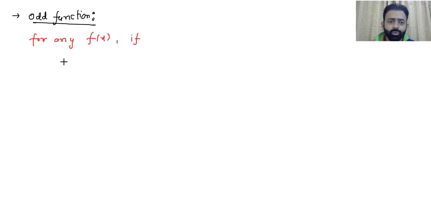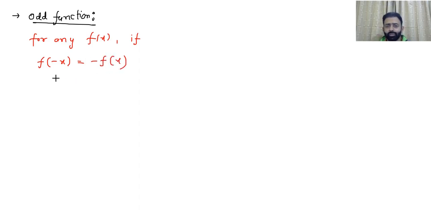It is just the opposite of the even function. So how will you define odd functions? For any function f(x), if you find that f of minus x is, this time, not equal to f(x), but in fact minus of f(x).